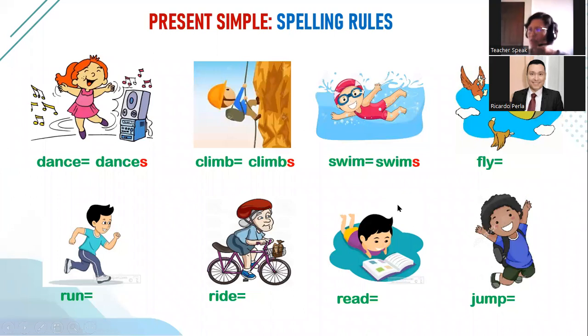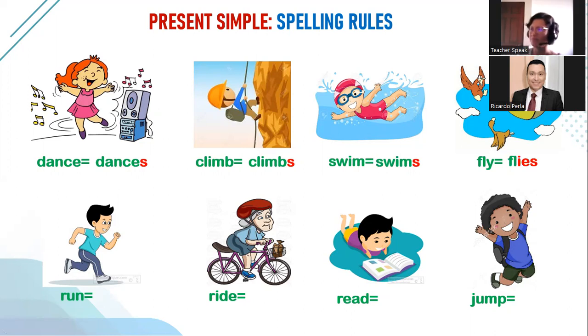What about fly? Flies. Yes. What do you add? Change the letter Y and add IES, right? Very good. Exactly. That's why fly becomes flies.